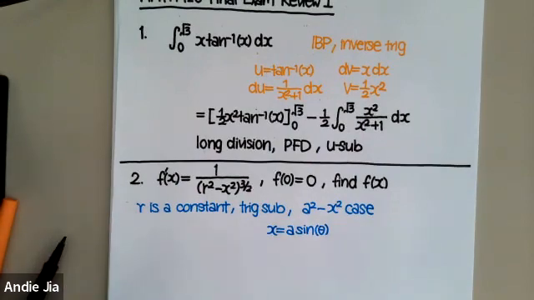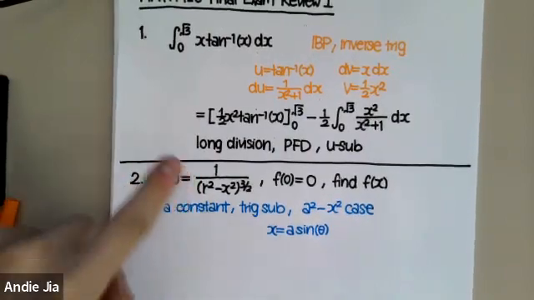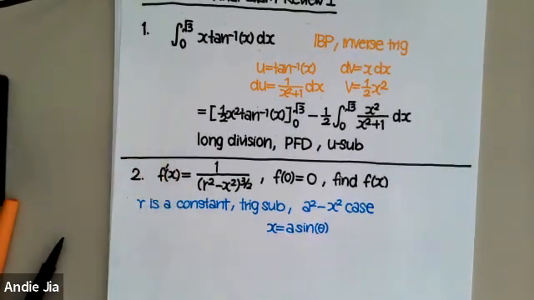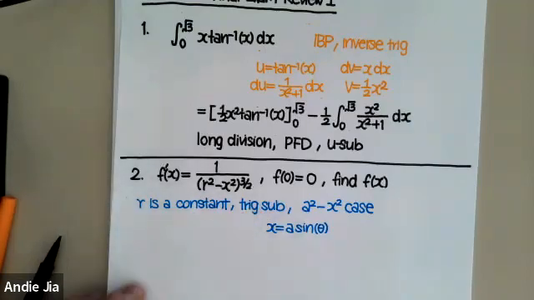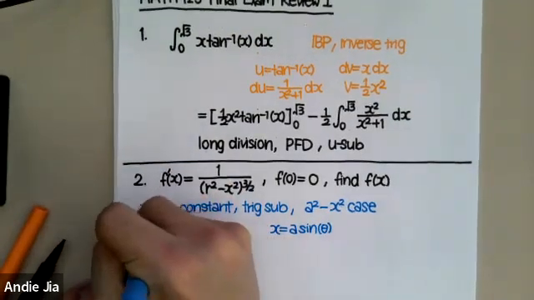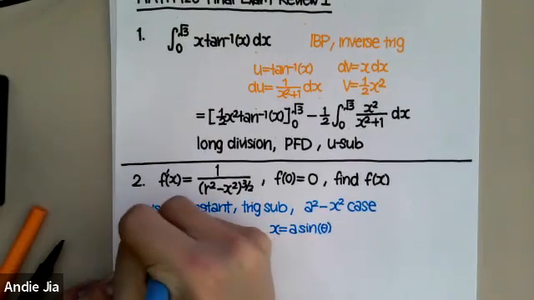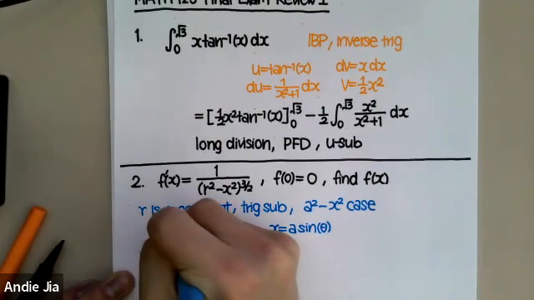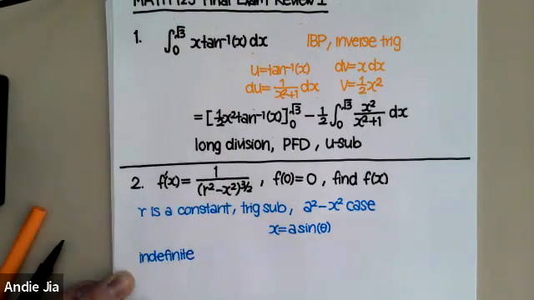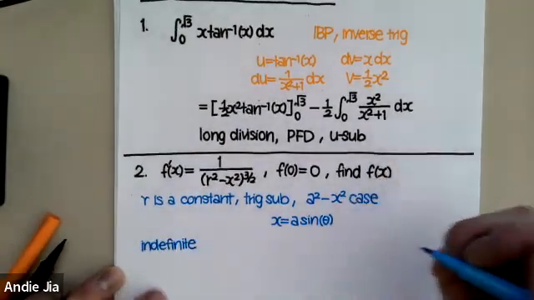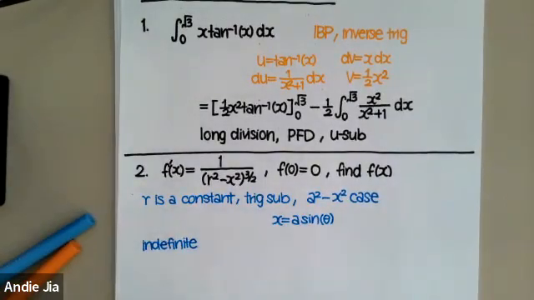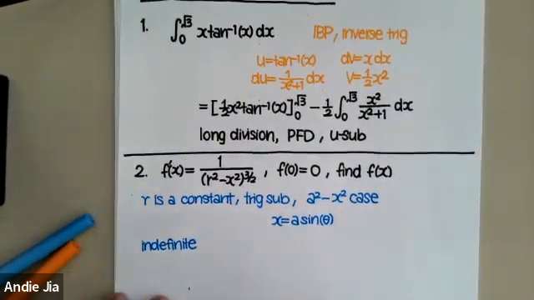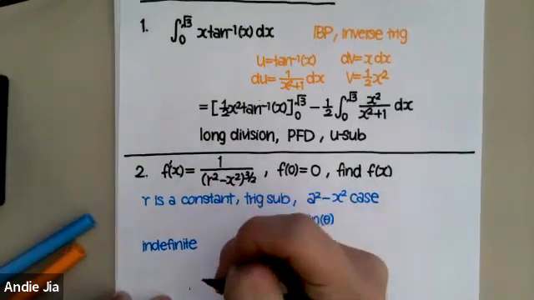Now we need to find the definite integral of the function, substituting the initial condition back there. So this is the indefinite integral. And we just do this process, just set up an integral.